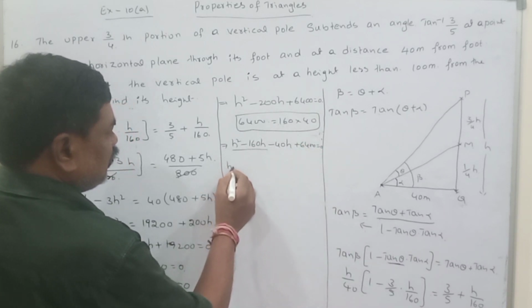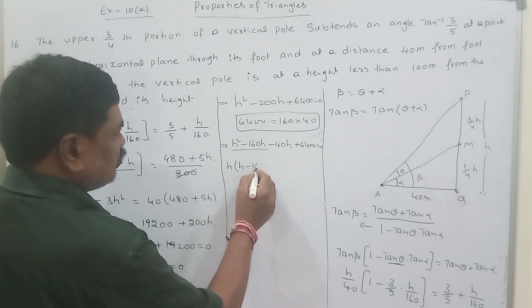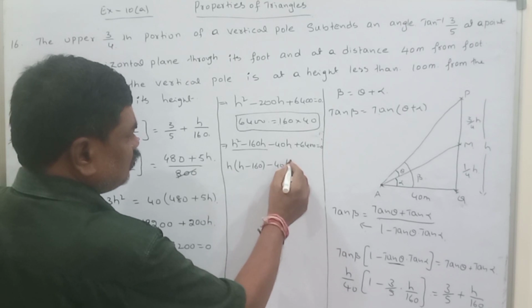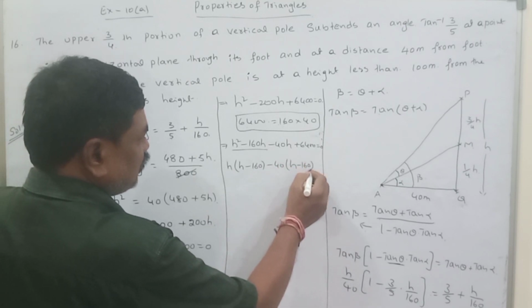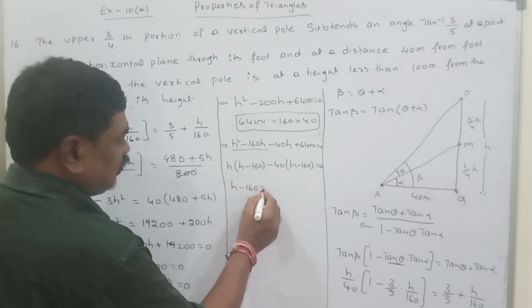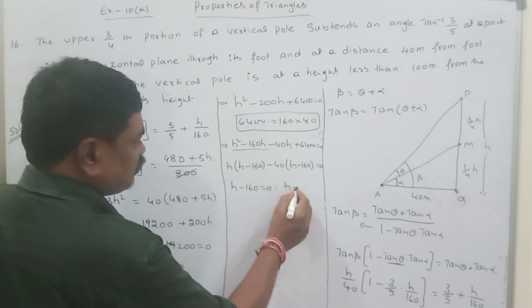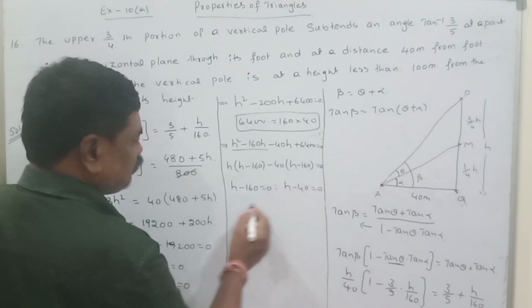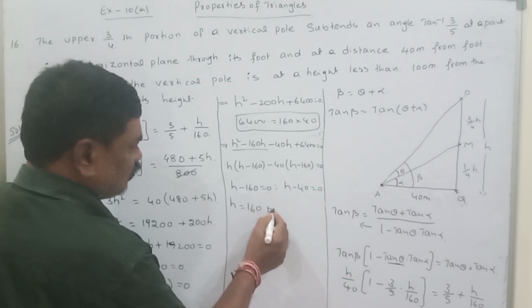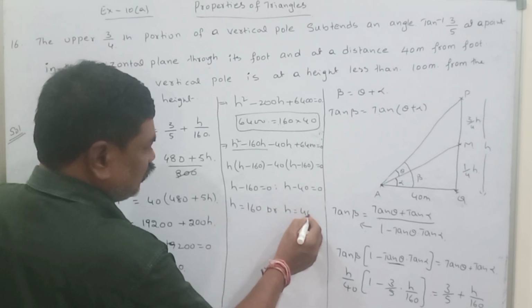Taking common, H into (H minus 160) minus 40 into (H minus 160) equal to 0. So H minus 160 equal to 0 and H minus 40 equal to 0. H is equal to 160 or H is equal to 40.